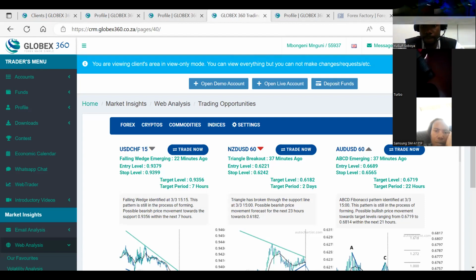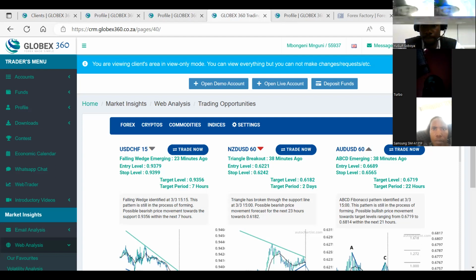And then the other point that it gives us, the stop level 0.9399. You do the same, you draw the line at 0.9399. This is really, really close.